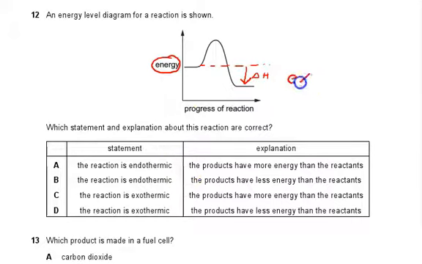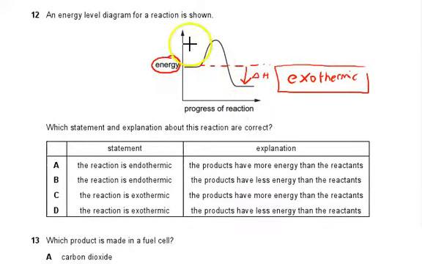This is exothermic because energy is being released to the surrounding. So you have two answers over here, exothermic and exothermic, which is C and D. Now the product has more energy than the reactant. You have to understand the reactant is here and the product is here. So the product will have less energy compared to the reactant. So your answer for number 12 is D.